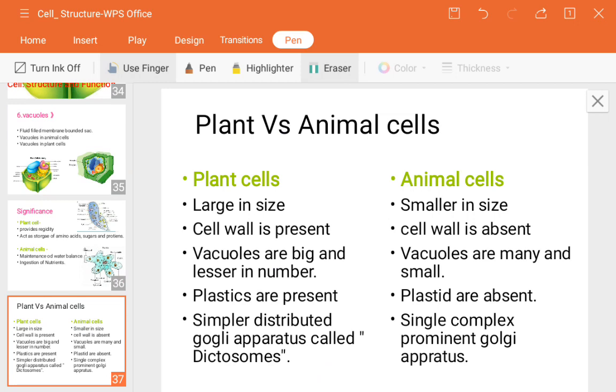This is the one term, nucleoid, which may or may not be present, but if they have proteins and DNA of their own, then it is called a nucleoid. So what are the examples of eukaryotic cells? Plant and animal cells. But prokaryotic cells are like bacteria and other single celled organisms.